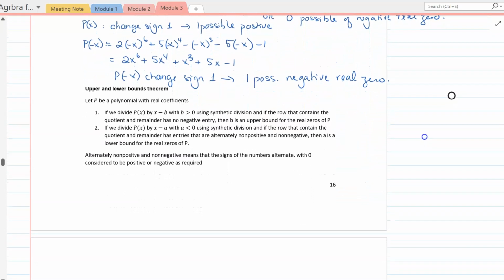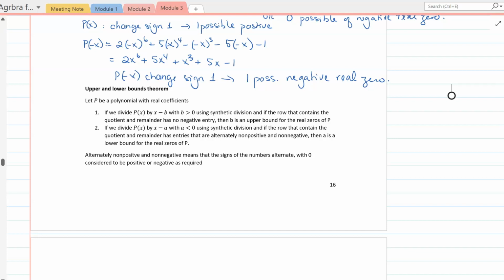If P of x is a polynomial with real coefficients, if we divide P of x by x minus b with b greater than 0 using synthetic division, and if the row that contains the quotient and remainder has no negative entry, then b is an upper bound of the real zeros of P. So if we start with b and have no negatives in the bottom row, it means we shouldn't go any higher in that list of possible zeros. We should go lower, right?